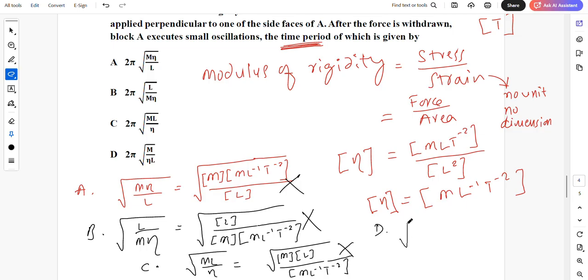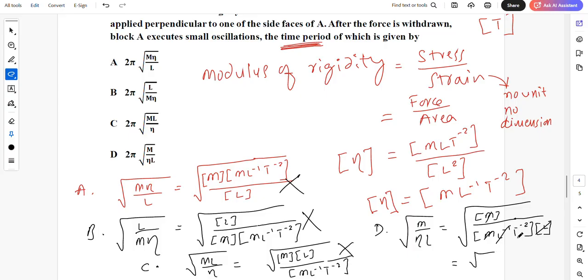The fourth option we'll see: under root, 2 pi I'm neglecting because it is a constant. M by eta L we'll see. This should be correct. Square root of M divided by eta is how much? Eta is M L to the power of minus 1 T to the power of minus 2, into L. See, this L and this L get cancelled.